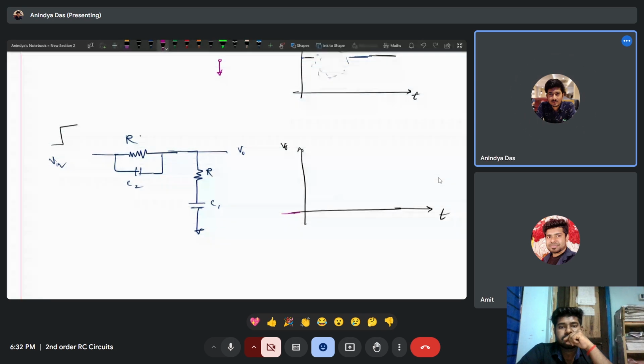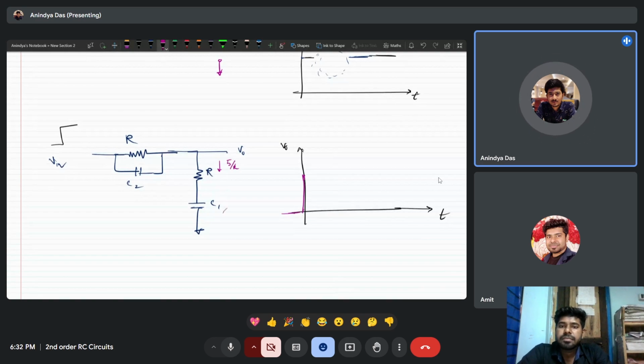It is true. So whenever V0 reaches 5 volt, a current of 5 by R will flow through this resistor R. This current will charge the capacitor C1. So the capacitor C1 is charging slowly.